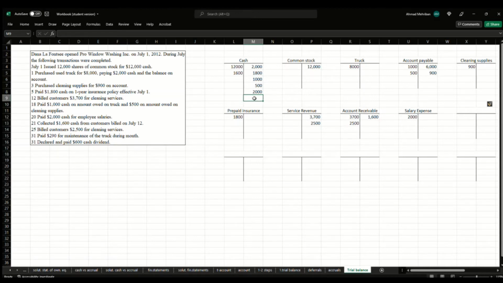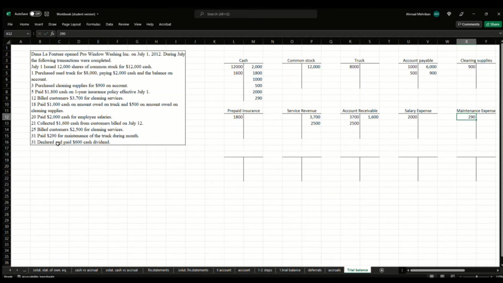So we gave away 290, and for what? For maintenance of this truck during the month. So the account for that one will be maintenance expense, recorded through the debit 290.